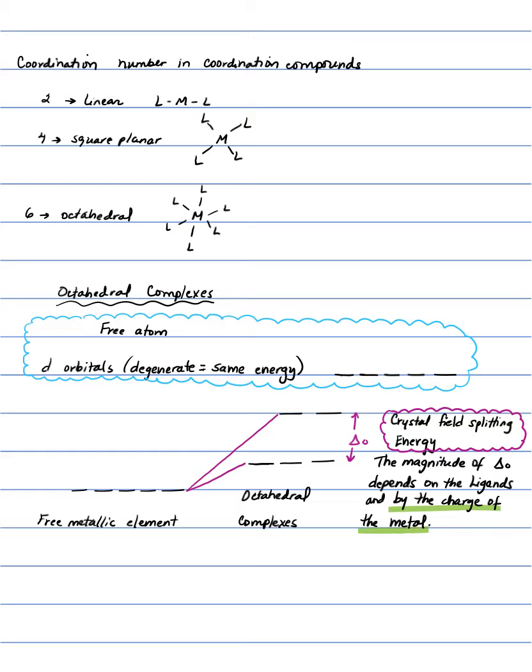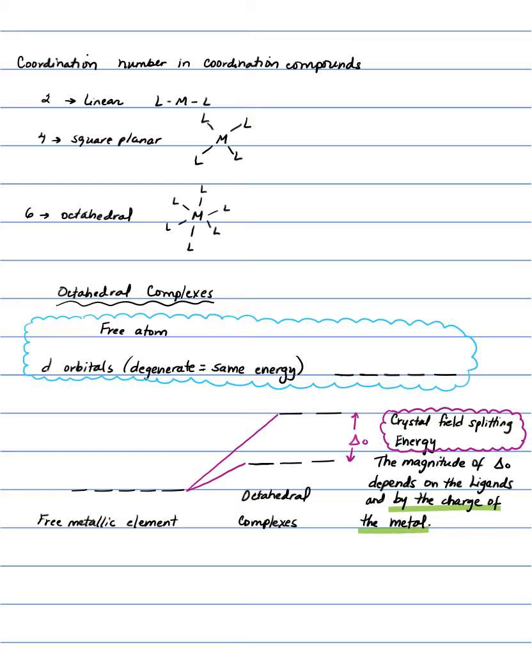Now on the right side, I still have 5 lines, but I have 3 lines on the bottom part and then 2 lines above them. That means that those 5 orbitals now, their energy is being split because that's happening when ligands are bonded to the metal. When you have ligands bonded to the metal, now your orbitals are not degenerate.